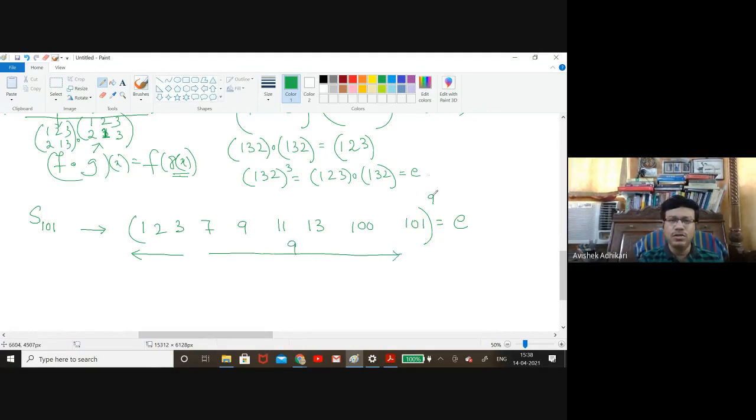So just looking at the length, if it is only one cycle, then the order of that element will be the length of this cycle. So this is a very important observation. In many competitive exams, this kind of question is usually asked. It's very common in many years in JAM exam, GATE exam, or in many TIFR exams; you will find similar kinds of questions.